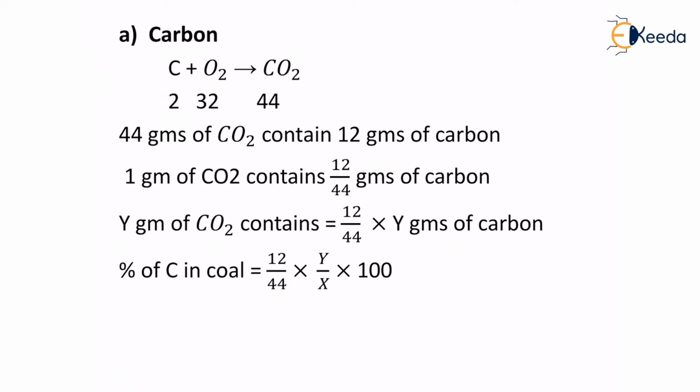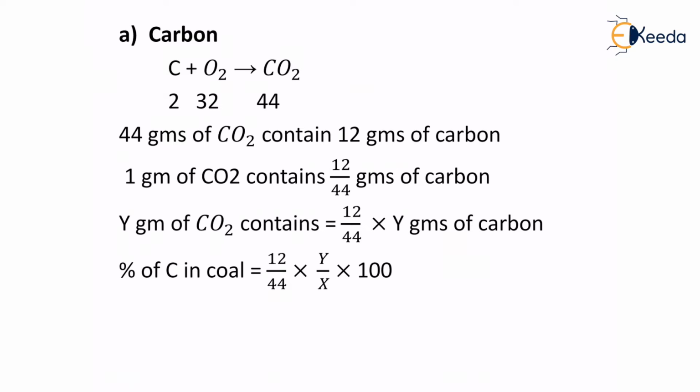Now we know that carbon is 12 and oxygen is 32. Why 32? Because oxygen is 16, so it becomes 16 into 2 because we have O2. So 12 plus 32 eventually gives us 44. 44 grams of CO2 contains 12 grams of carbon.